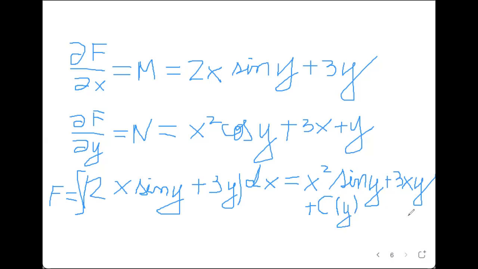And now we want to match this with the second equation. So let's compute partial f over partial y using this partial answer. This is a correct answer, but it's only a partial answer because we don't know what c of y is yet. So let's compare with the second equation and discover what c of y has to be.